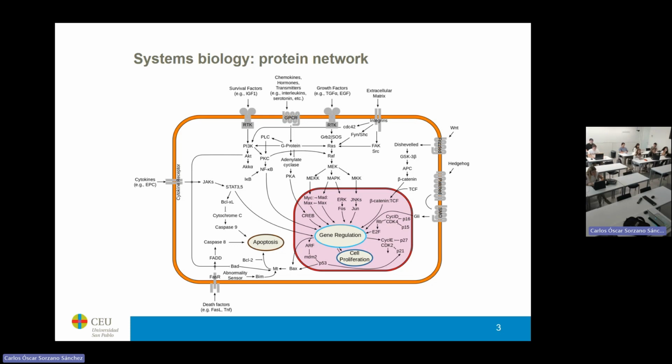Here you are familiar with this kind of network where you have a cell, and this cell has receptors in the membrane, and these receptors sense some molecules that are arriving, say survival factors, chemokines, hormones, whatever.